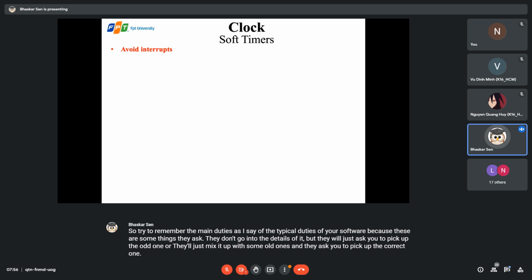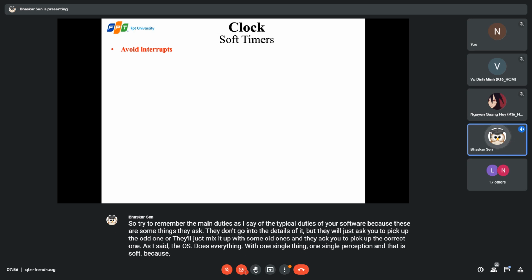As I said, the OS does everything with one single thing, one single perception, and that is soft timer. Because the OS doesn't want to make things too complicated.